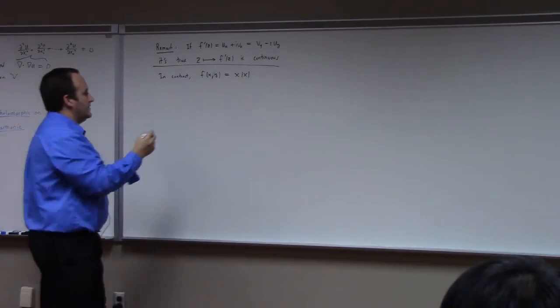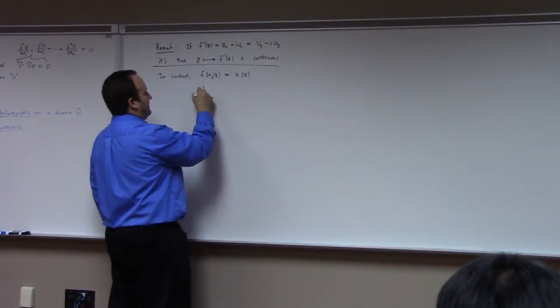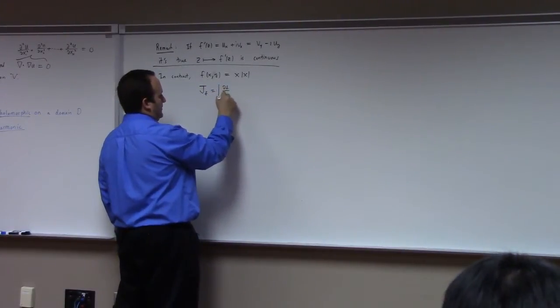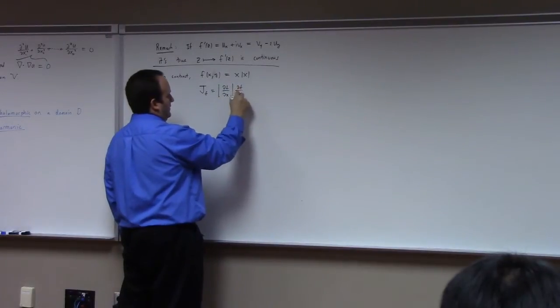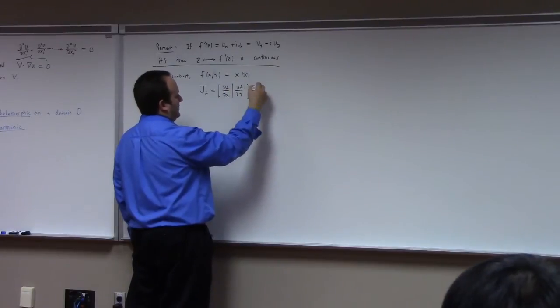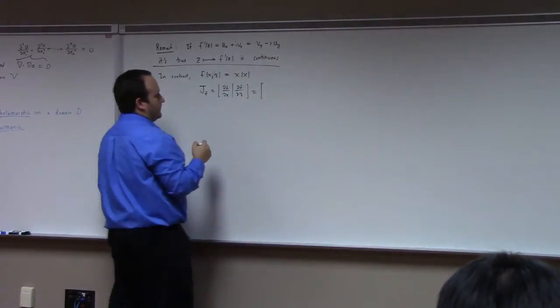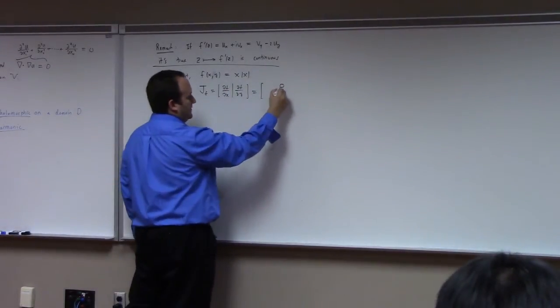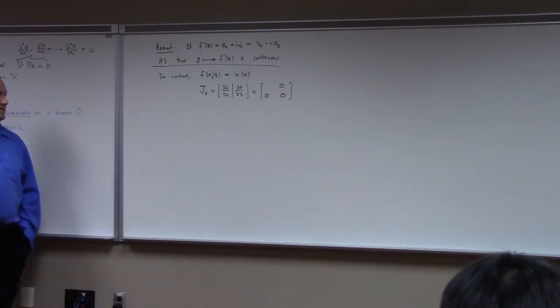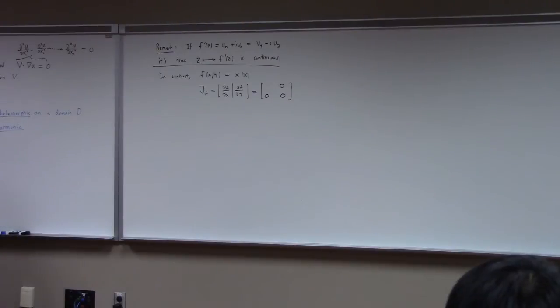So here, the Jacobian of f is what? Partial f, partial x, partial f, partial y. What's the derivative of x times the absolute value of x anyway? I'll do the easy part for this. 0, 0, 0. So there's just a first component here.